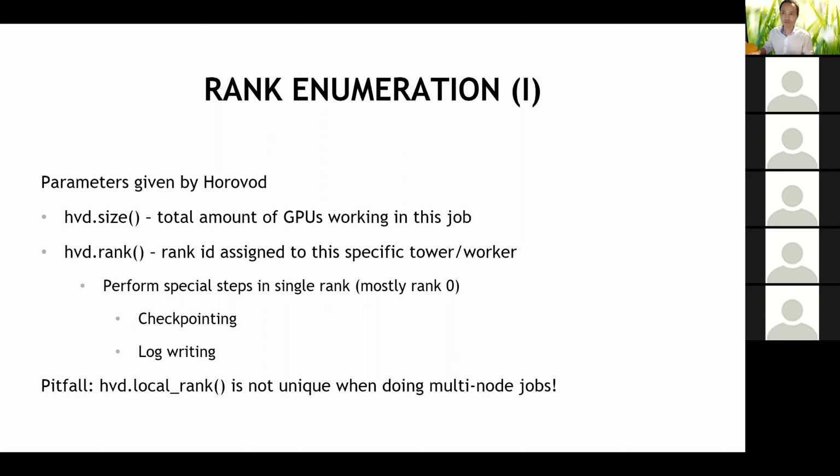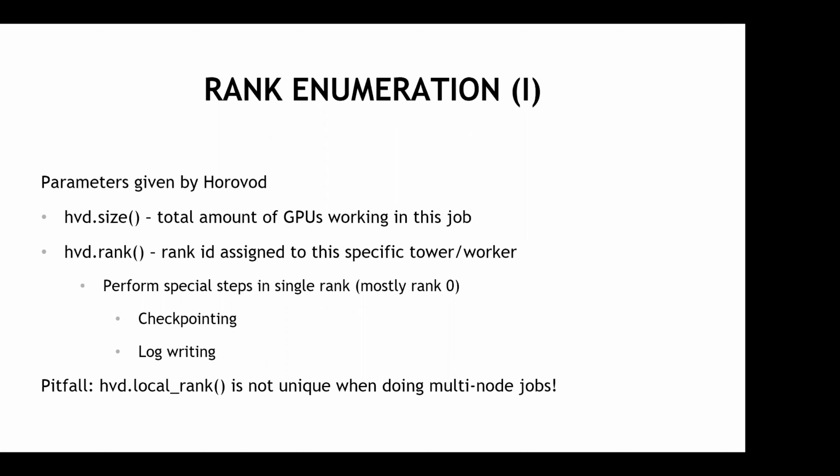I'll tell you in a minute why you need to know it. Then you can ask, what is my individual rank? This is important to pick the right piece of data. And as said, we decide on the rank for special housekeeping tasks. Typically rank 0 is doing checkpointing and log writing.